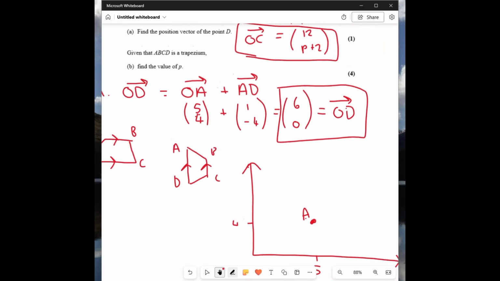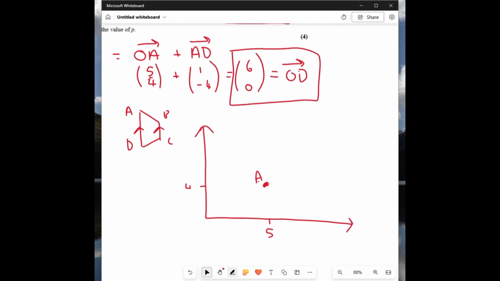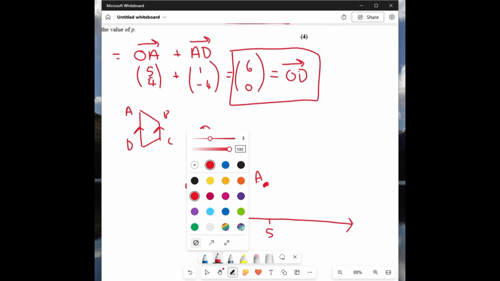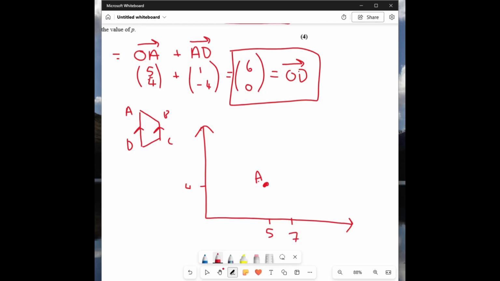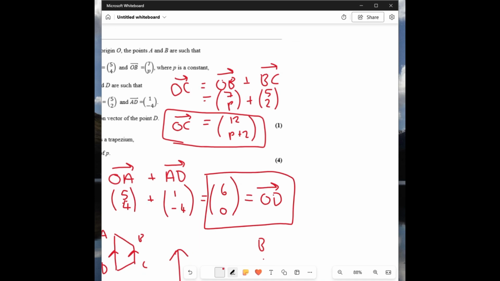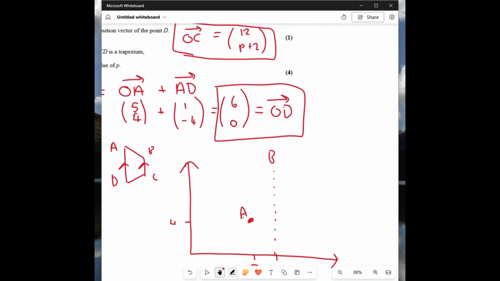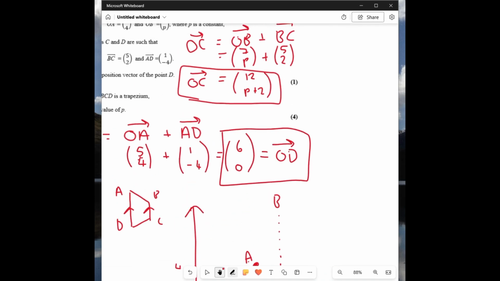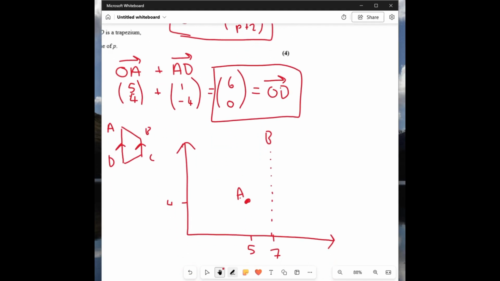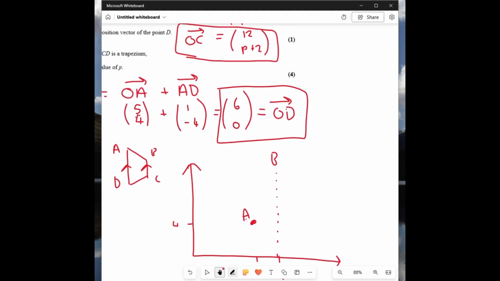That's OA. OB is (7, p). So I know it's going to be 7 across, but I don't know how far up it goes. So B is somewhere on that line there. Same for OC. I know it's 12 across, but I don't know how far up. But whatever B is, C is 2 above it.